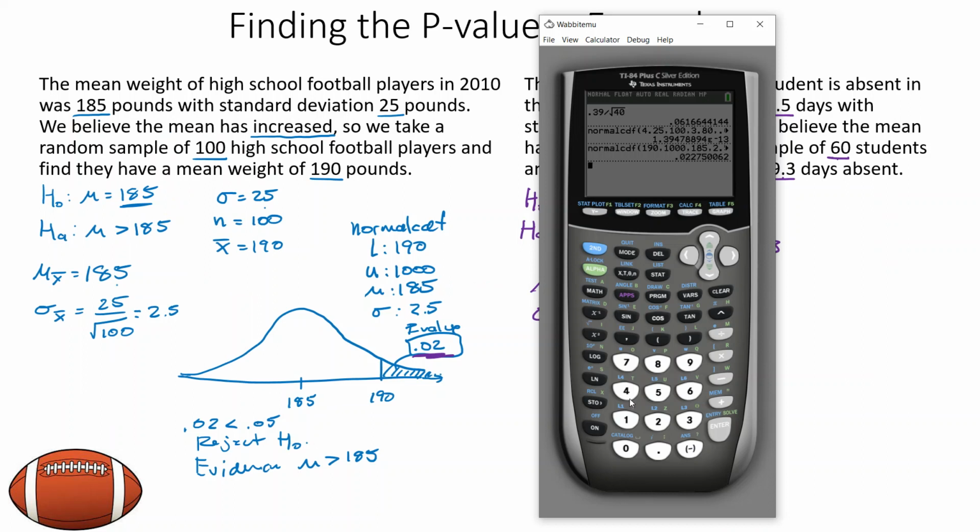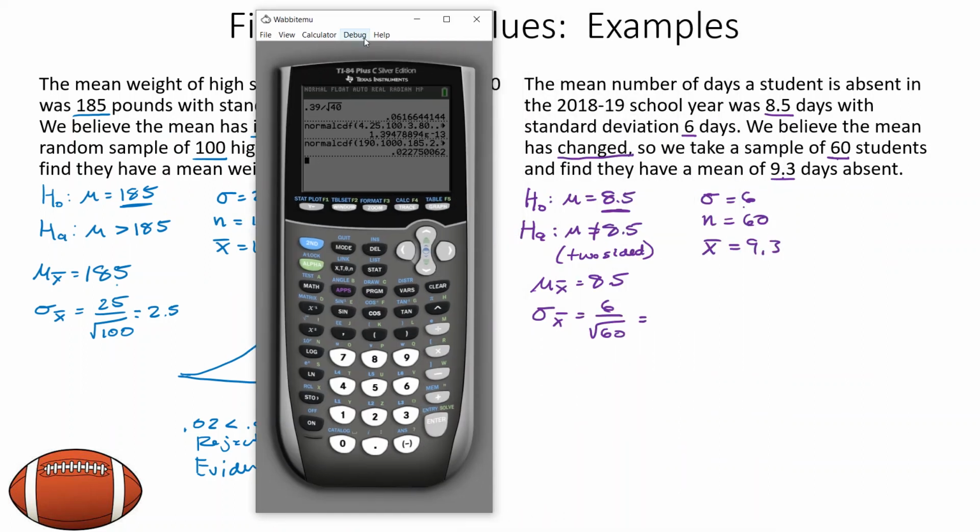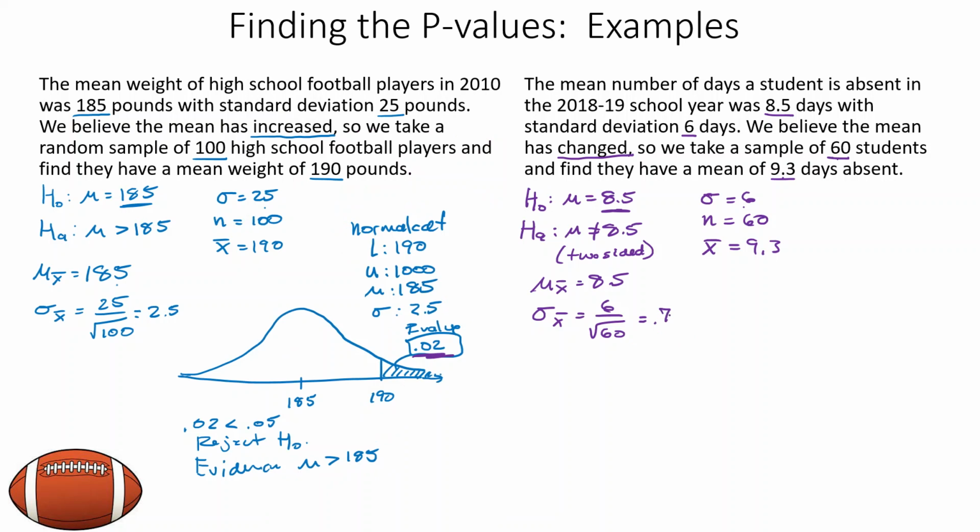I can't do that one in my head, so let's do it on the calculator. So we got 6 divided by the square root, so second square root 60, and we get 0.77459. There we go.